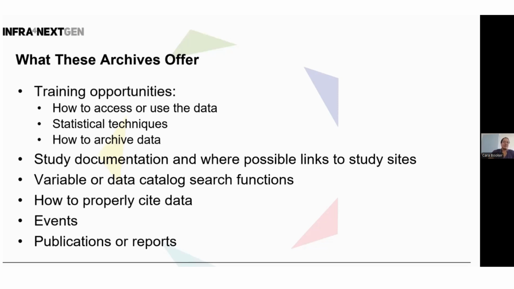And then, of course, they have publications, whether they're about the archive itself or reports that researchers have worked with the archive to develop. There's all sorts of things. So the archives are a really good source of learning more about data, but also about research processes and archiving processes. So I encourage you to go and have a look around their websites.